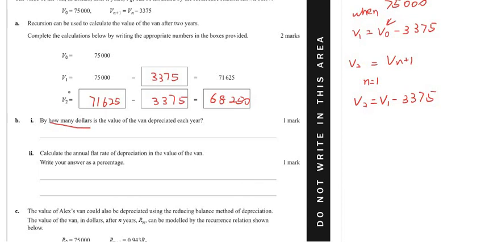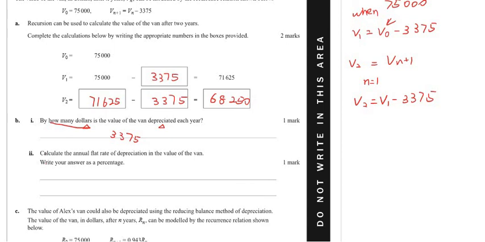But 'how many dollars' means that we will have a common difference over here, and it's depreciated, so we don't need to include the negative sign. So the answer will be just 3,375, because in each year the value of that is $3,375 less than the previous year.